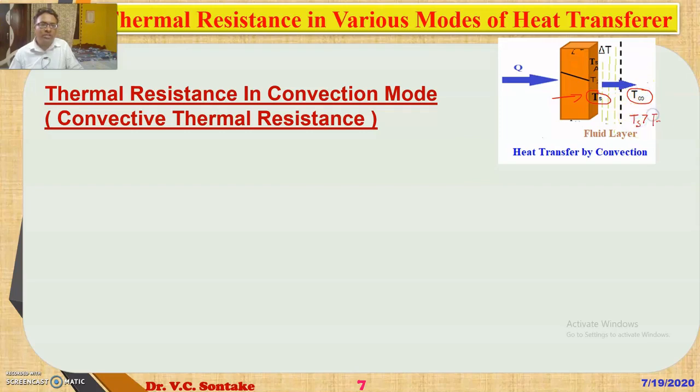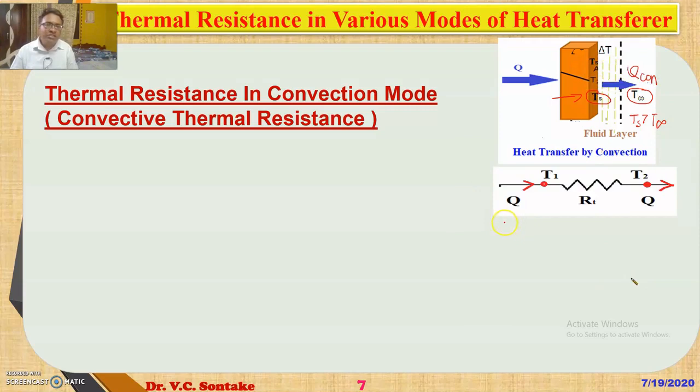For the sake of expression, I am considering Ts is greater than T infinity. Heat transfer will take place from the surface to the fluid by convection. And this is its equivalent electrical circuit. In this case, this thermal resistance will be called a convective thermal resistance.